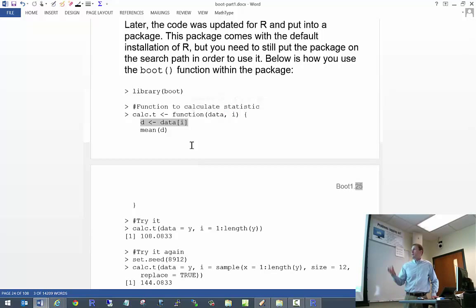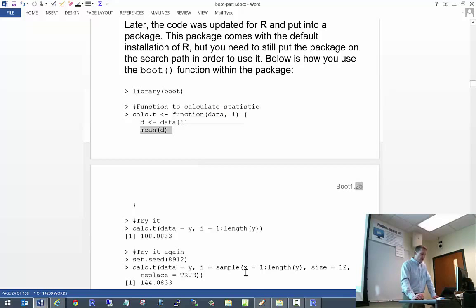So my original data is going to be in data, and then I use bracket i and bracket, put the results into some object. I decided to call it d for the lack of a better name, and that is going to be my resample. Those are the y stars. Then, once I have my resample, I can calculate my statistic of interest. In this case, remember, it was just simply the sample mean.